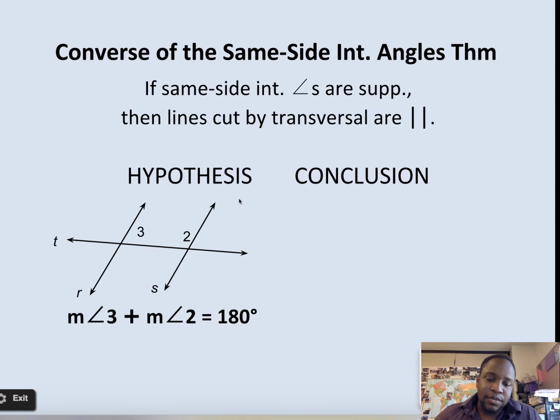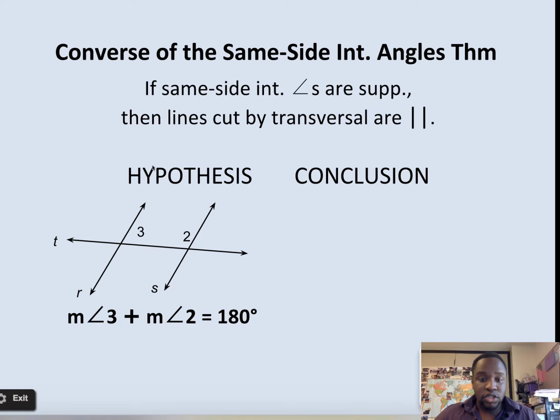All right, the last one that we're going to go over is the converse of the same side interior angles theorem. And quite honestly, you can also say that it's the converse of the same side exterior angles theorem as well. They both work the same way. So if we have same side interior angles that are supplementary, then the lines cut by the transversal are parallel.